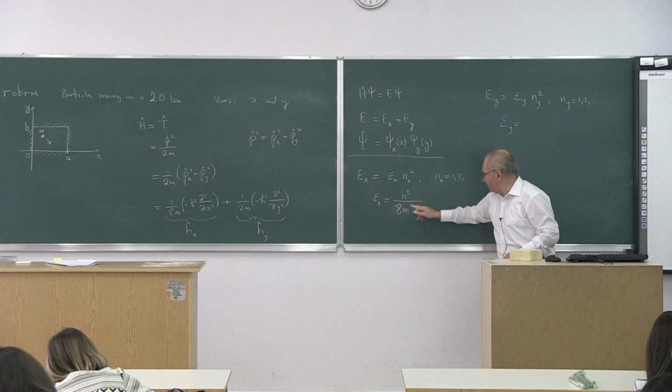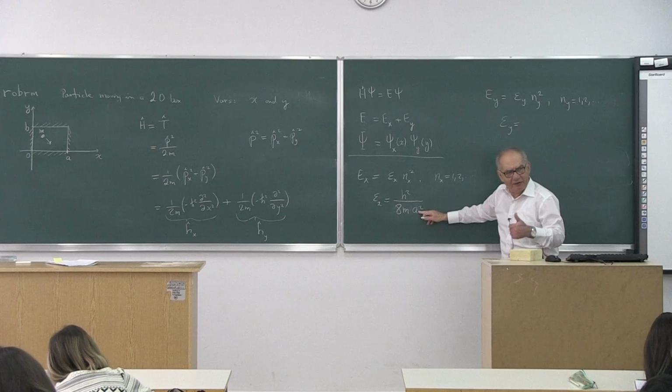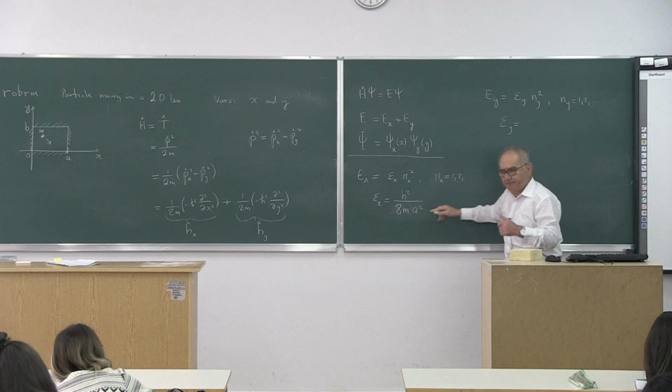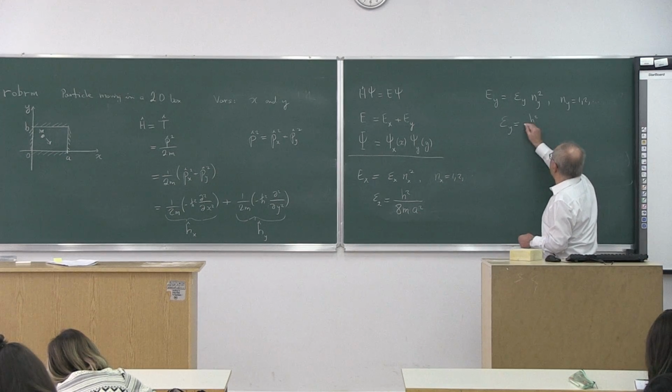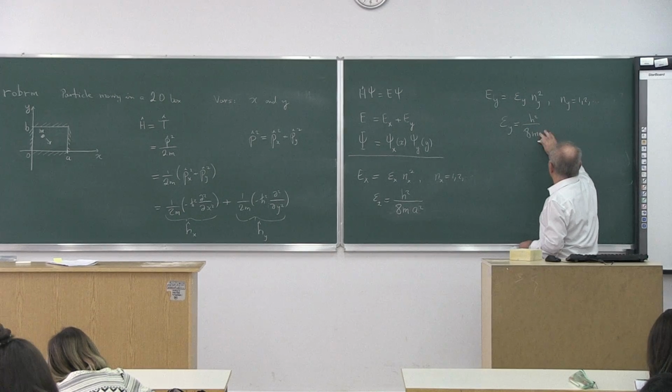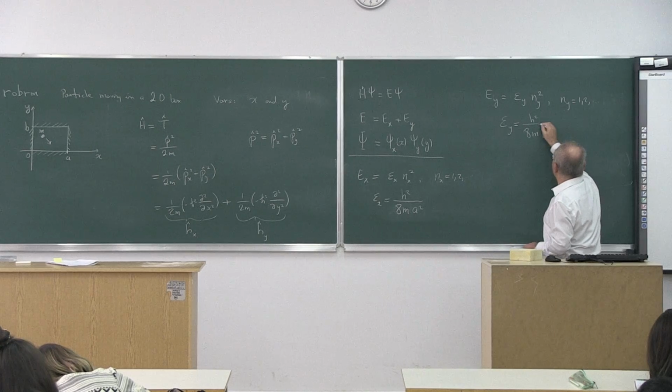Why? Because the only difference is, instead of A, we have B: 8m times B squared.